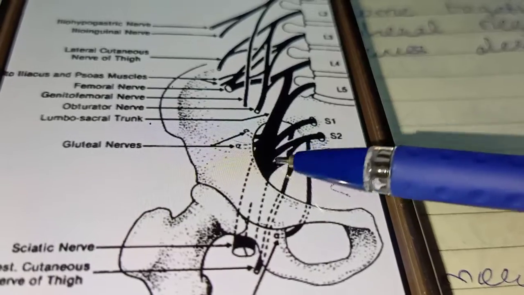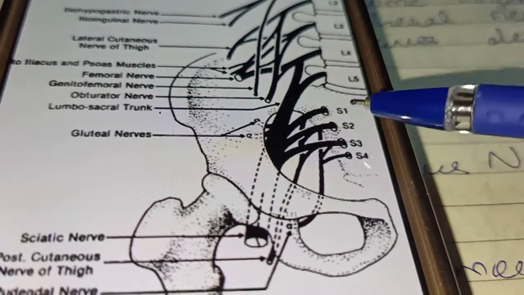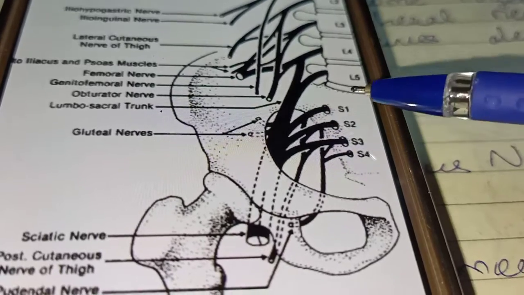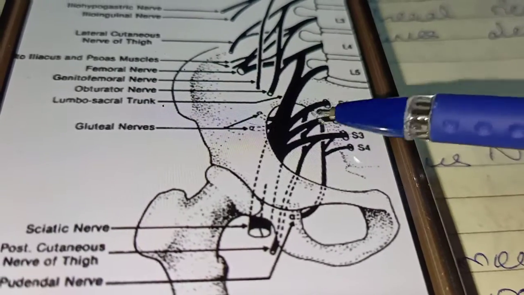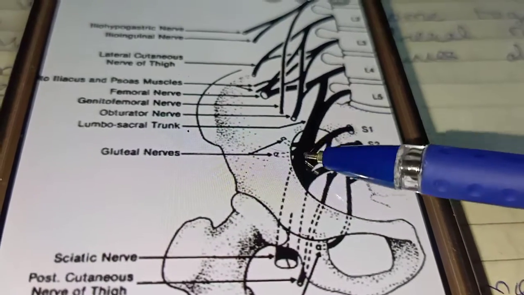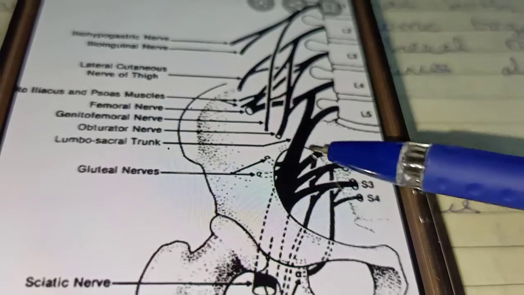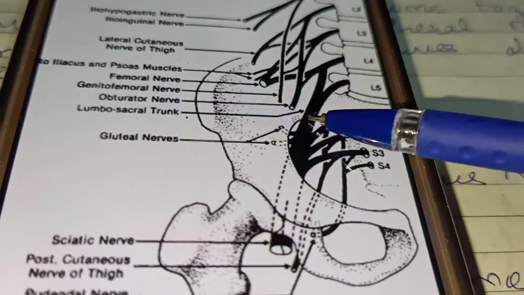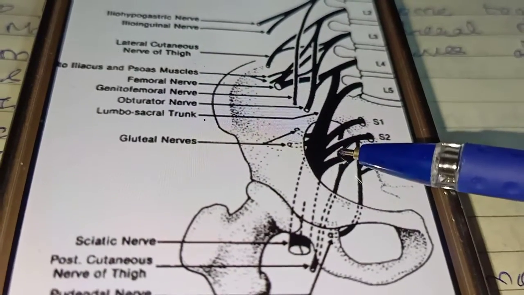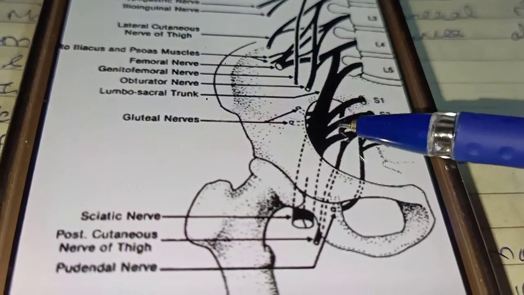This is anterior to the piriformis, and from the anterior intervertebral foramina, anterior rami of S1, S2, S3 and S4 are coming. It is joining the lumbar roots L4 and L5, forming the lumbosacral trunk, and it is descending down. Each nerve then divides into the ventral and dorsal division.